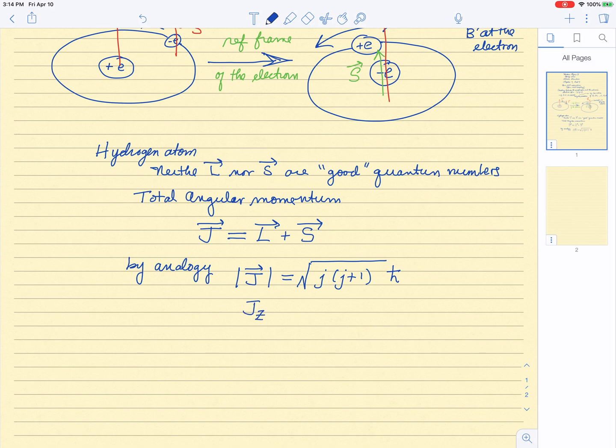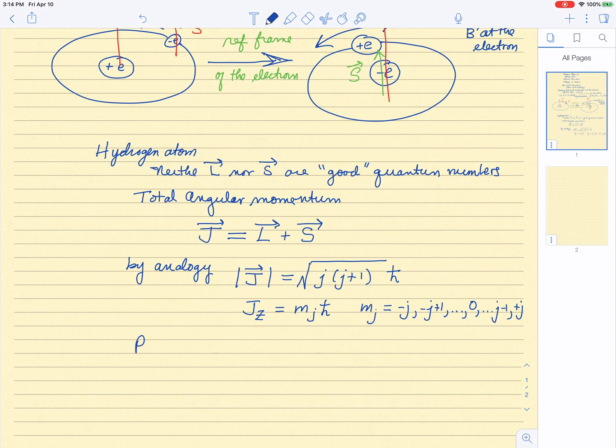And Jz is going to be m sub j times h bar, where m sub j is going to be equal to negative j plus 1, all the way through 0, j minus 1, plus j, much like in orbital angular momentum and in intrinsic angular momentum.